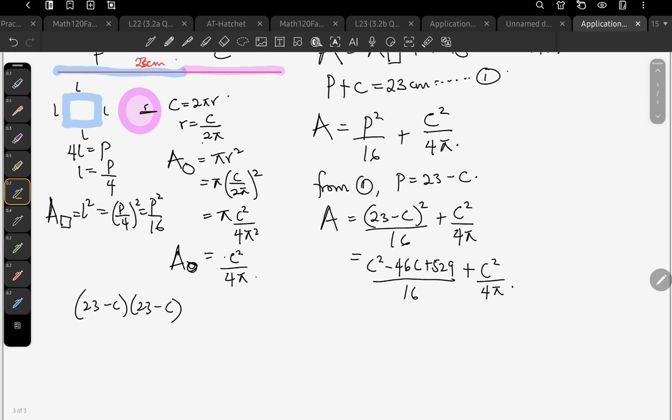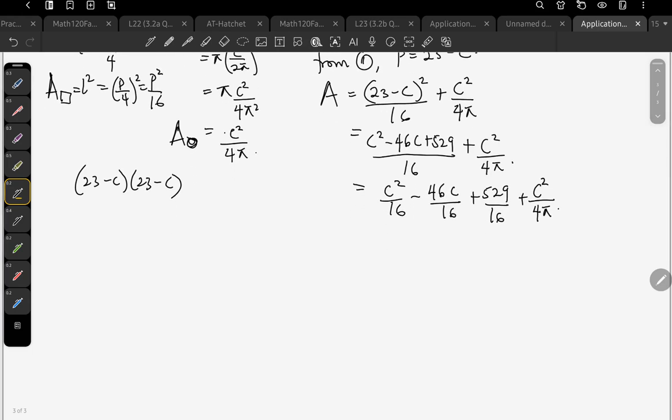So it's almost like what we are familiar with, and I can make it what we are familiar with by breaking it into pieces. So this is c squared over 16 minus 46c over 16 plus 529 over 16 plus c squared over 4 pi.